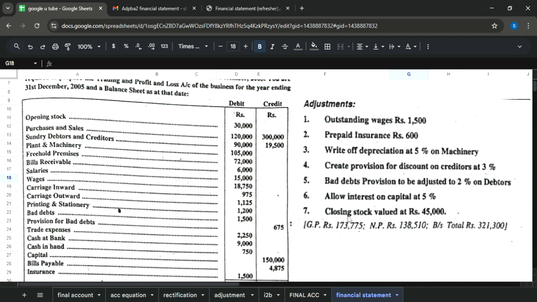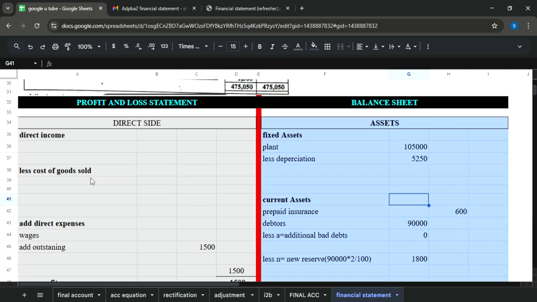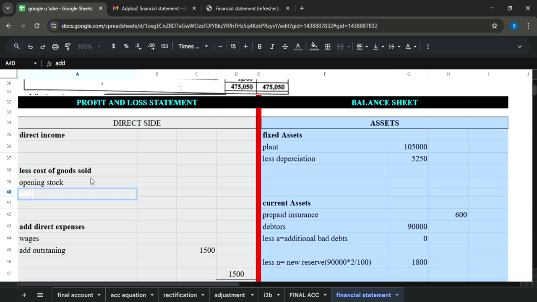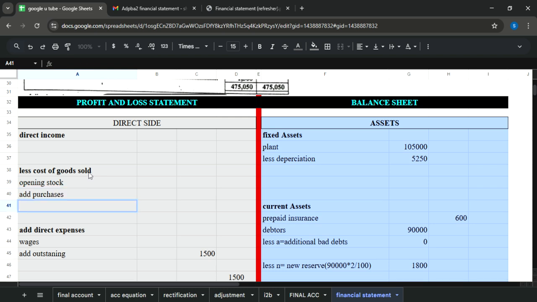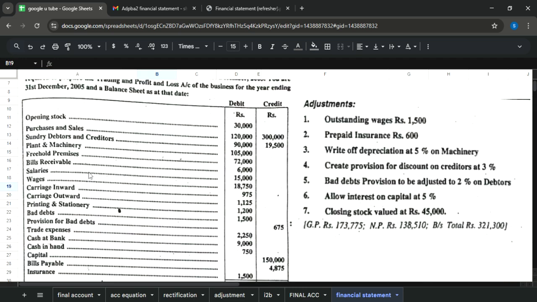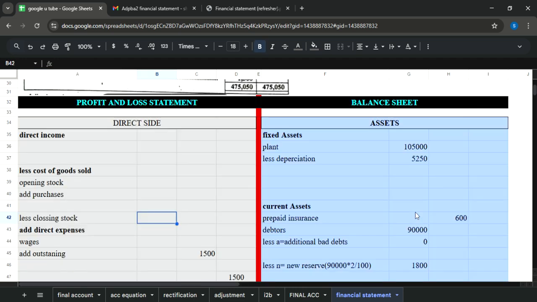Next we have closing stock. For that we will go to cost of goods sold and we will write opening stock. Then you will add purchases. We will wait for returns and then we have closing stock place and the closing stock amount is 45,000.